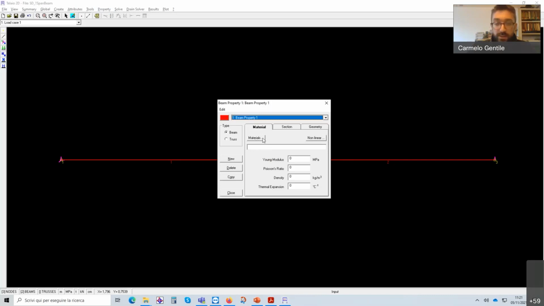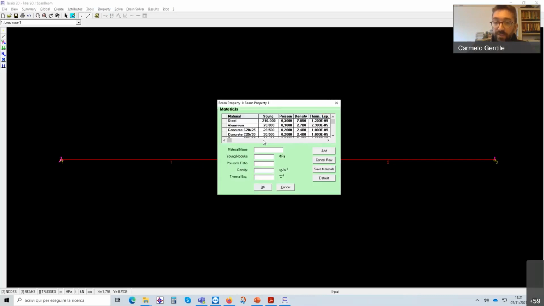We can select materials, and we have a list of several classes of concrete, wood, masonry, steel. Maybe you don't have masonry, maybe I defined it. No, because I haven't installed it right now. So you will have basically everything. And we can select just steel because we want to work on steel structures for now.